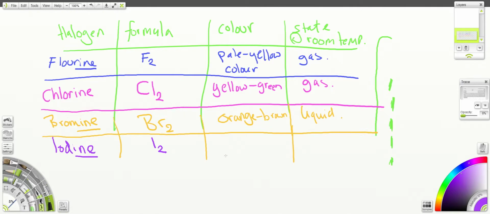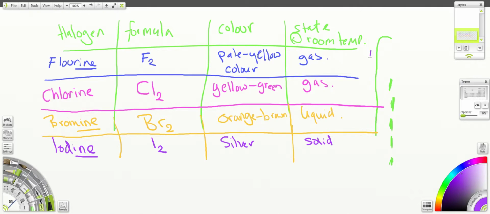Its color is a silver color, and it is a solid at room temperature. So it's kind of like a silvery solid material, and that's it. So notice that it's gas, liquid, solid.